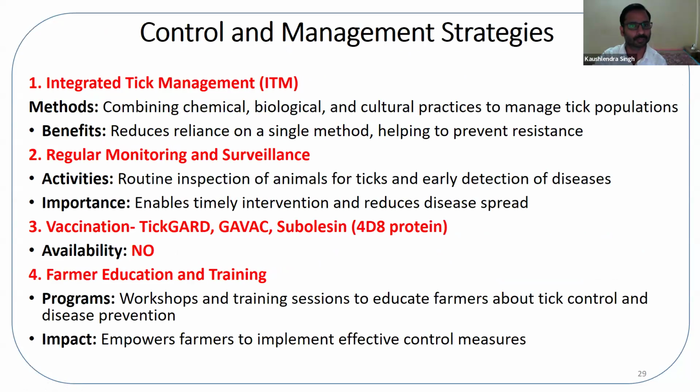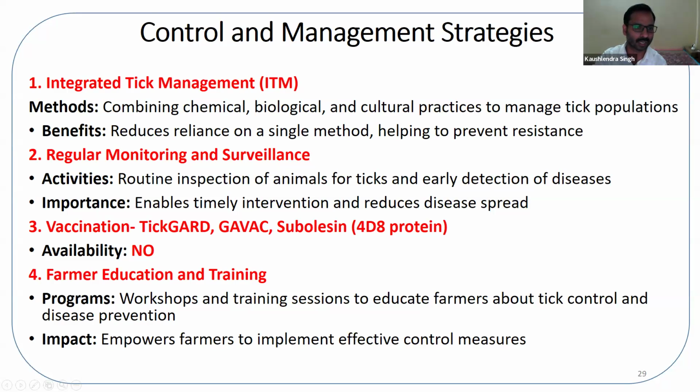ITM, integrated tick management, is the combination of chemical, biological, and cultural practices to manage the tick population, reducing the reliance on a single method and helping to prevent tick resistance.